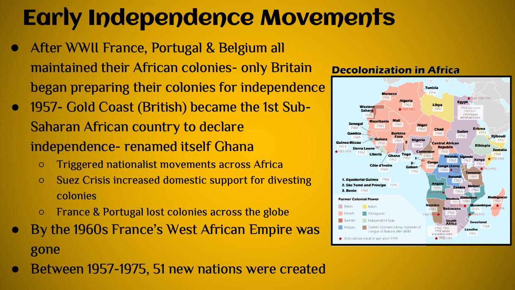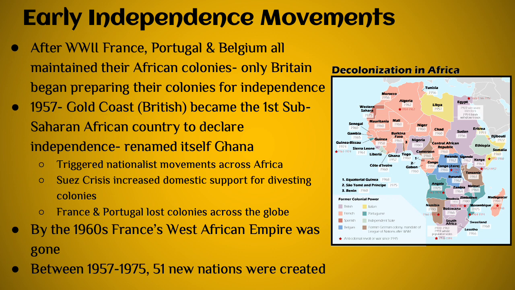And the first British colony in sub-Saharan Africa that had an African government to declare its independence was the Gold Coast. And Gold Coast renamed itself Ghana upon independence, and that triggered nationalist movements all across Africa. Suddenly, now that you have an independent Ghana, all of the other African countries were like, well, we want to be independent as well.